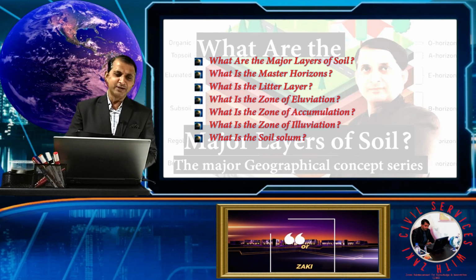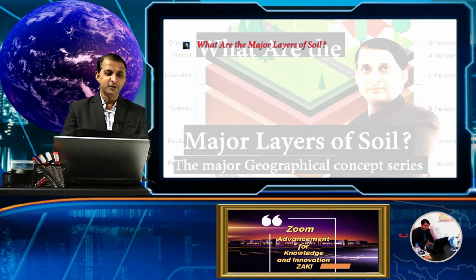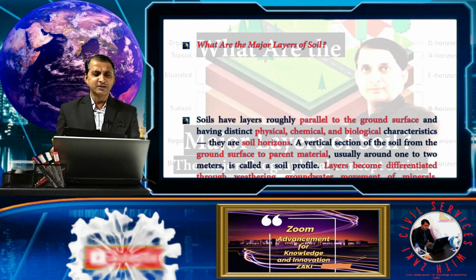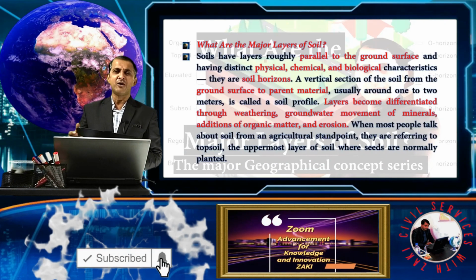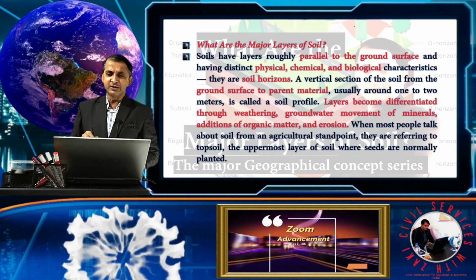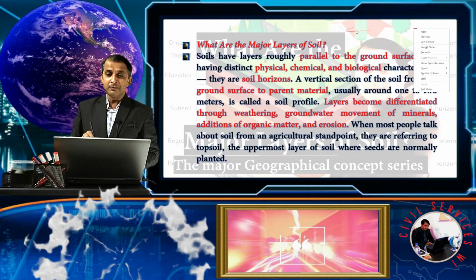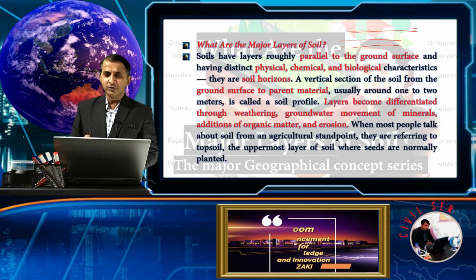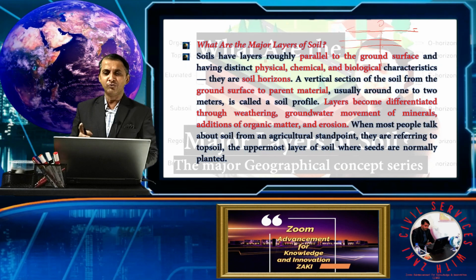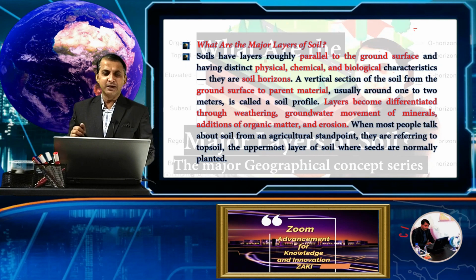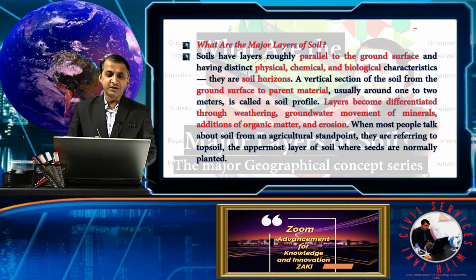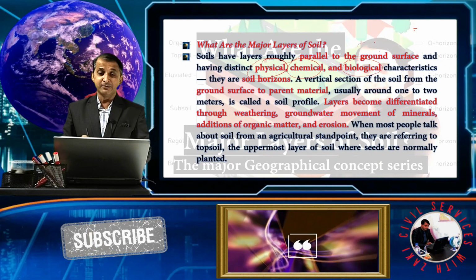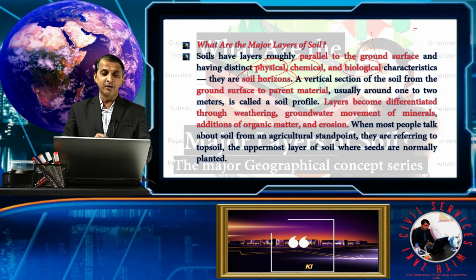So let's move forward and see the first question. What are the major layers of the soil? If we see, soils have layers roughly parallel to the ground surface. It is ground, and basically soil has parallel layers as you go below, having some physical, chemical, and biological characteristics, and these vertical layers are called soil horizons.